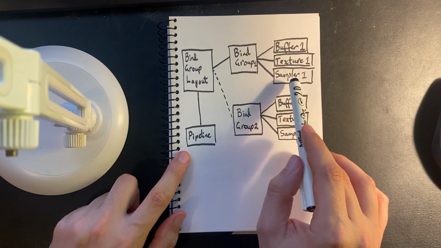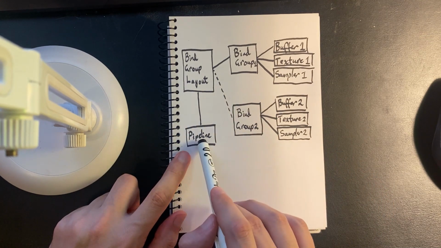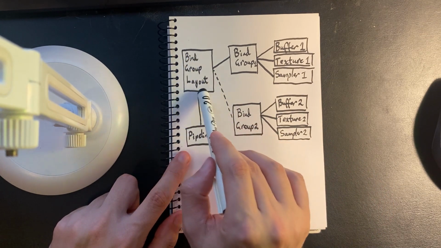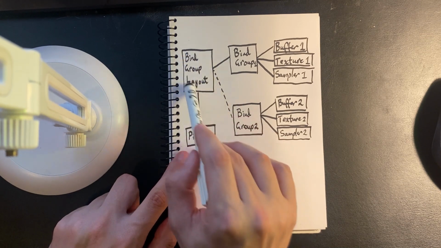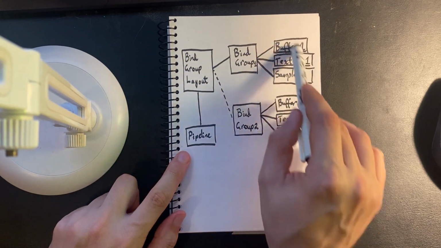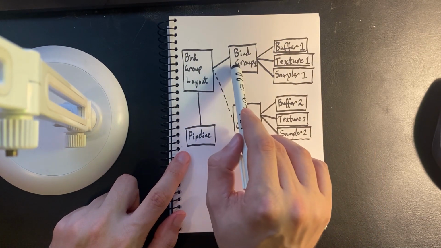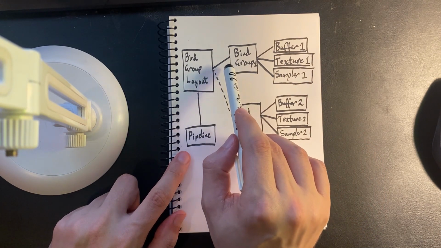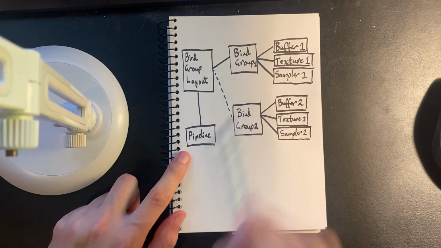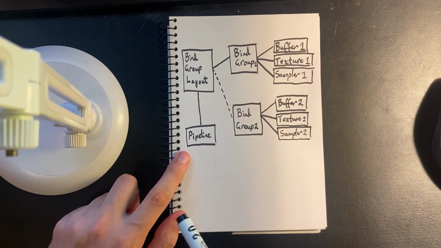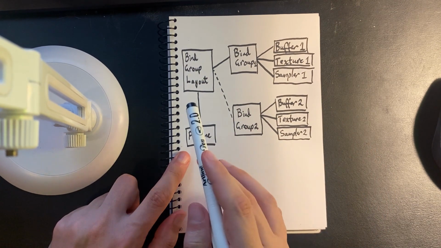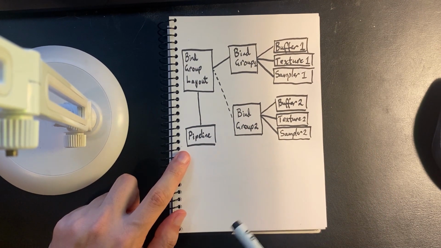Okay, no worries. So the pipeline has what's called a bind group layout, and the bind group layout describes the types of things that will be in a bind group, but it has no connection to the actual things which get attached. It just describes the shape of the attachments, if that makes sense.